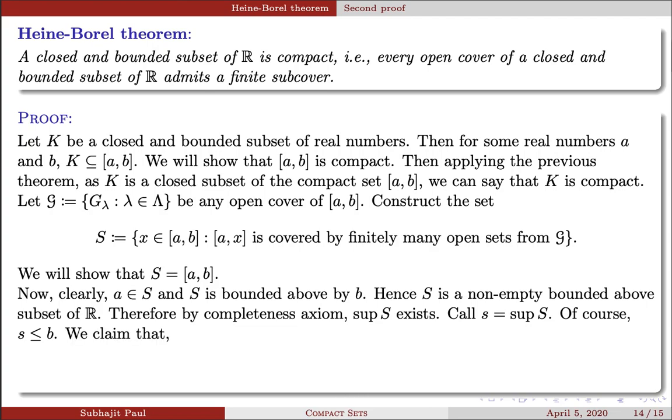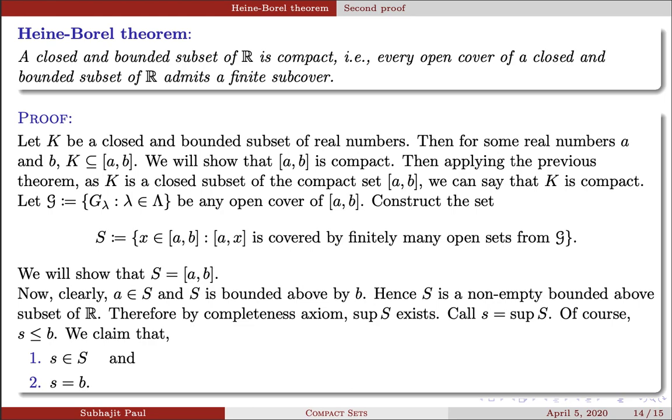Now we claim that, number one, small s is an element in capital S, and secondly, small s is equal to B. We claim that small s belongs to S. Since s is the supremum, we do not have any default guarantee that the supremum belongs to the set.